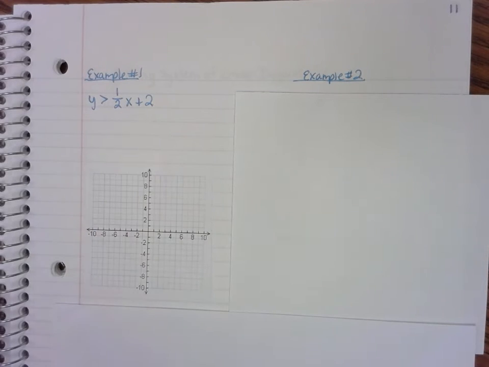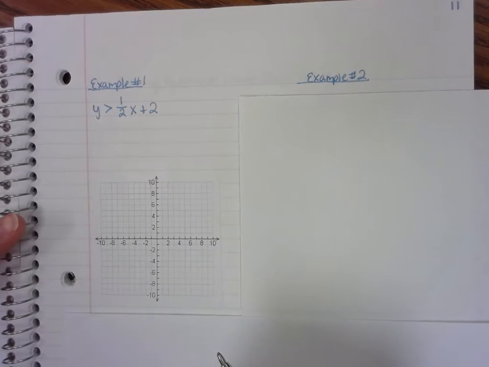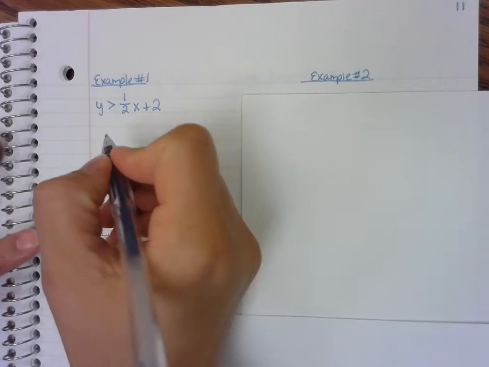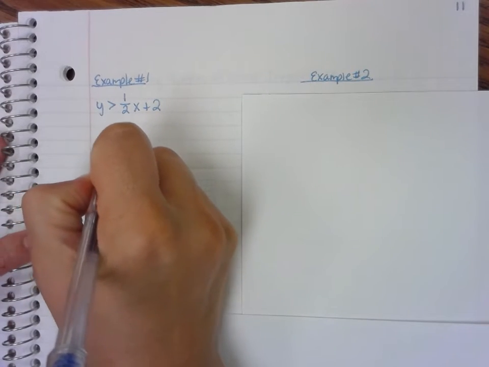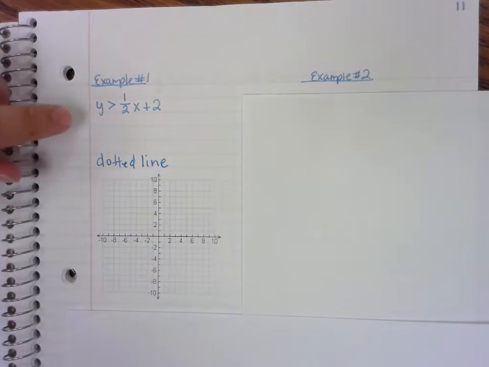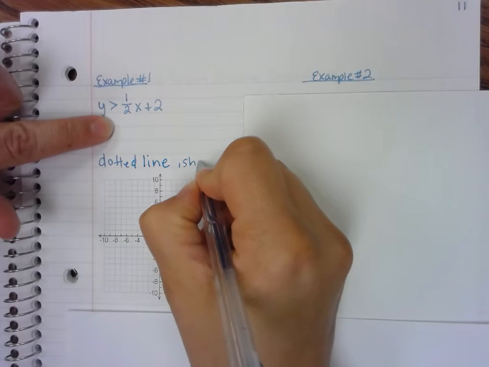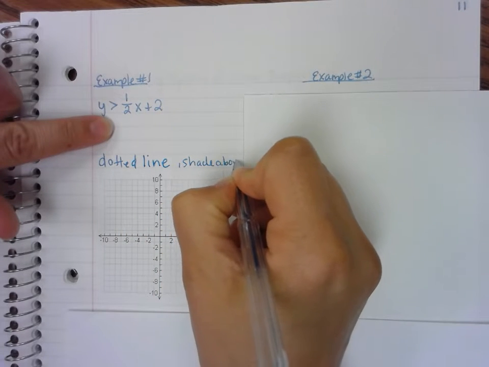We're going to graph this just like we would a regular equation, but we want to make note the fact that this needs to be a dotted line, because it is a greater than symbol and we want to shade above.